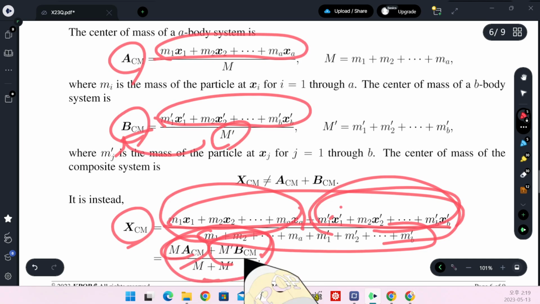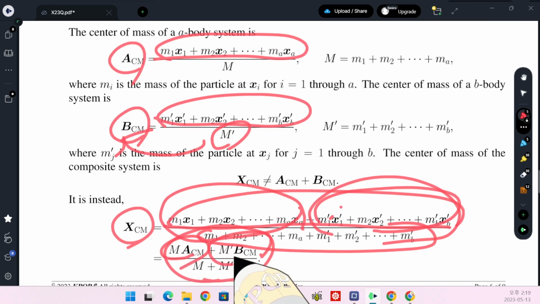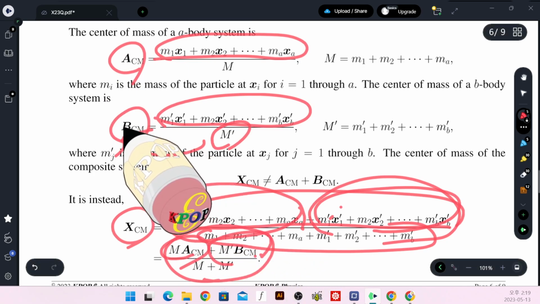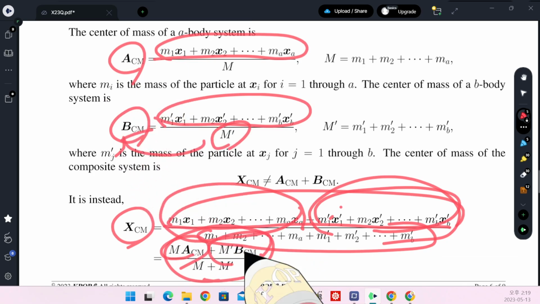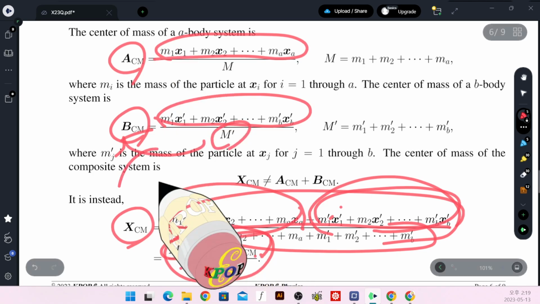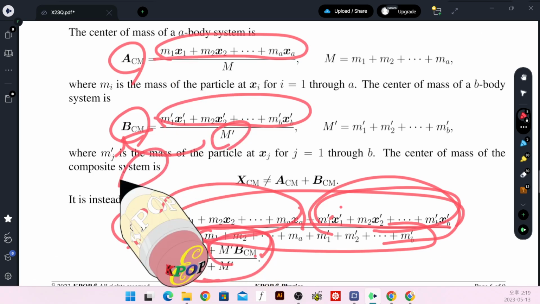This is nothing but the center of mass of two particles, and each particle represents the position of the particle is the same as the center of mass of the first system, and position of this particle is center of mass of this second system. So this one reveals that the recursive structure appears even if you add many more systems. So systematic computation is very easily achievable.